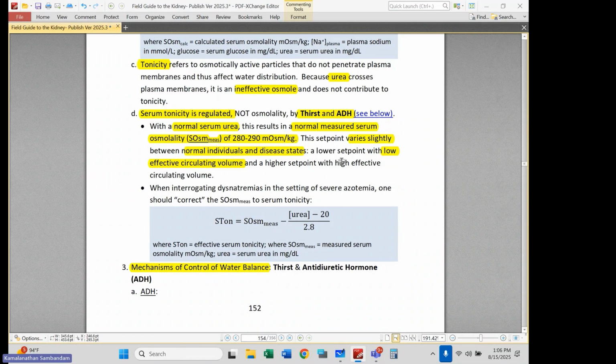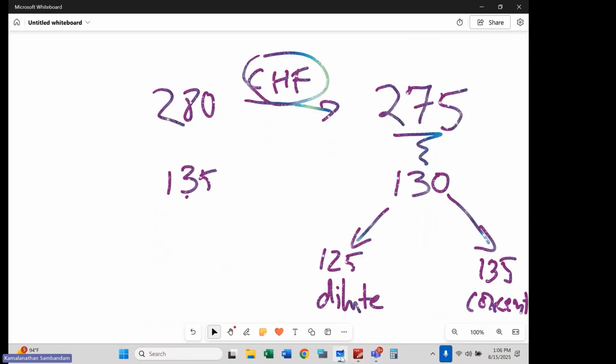Okay. High effective circulating volume may similarly change your set point. And so let's do that on the flip side. Some people have described primary hyperaldo as being a situation in which my set point is set a bit higher. And so I have, let's make that 290.